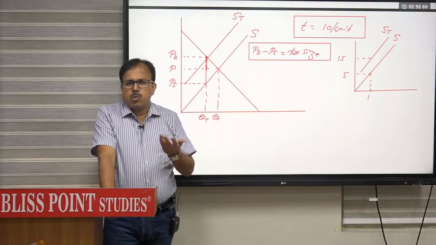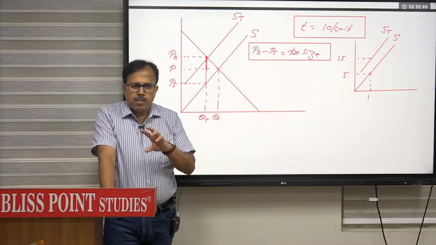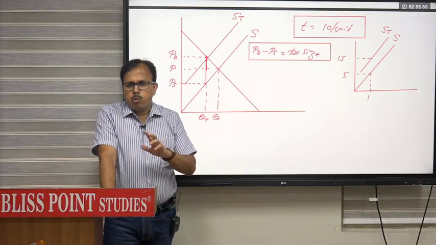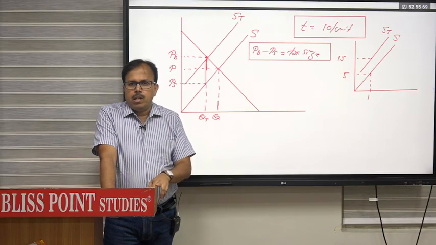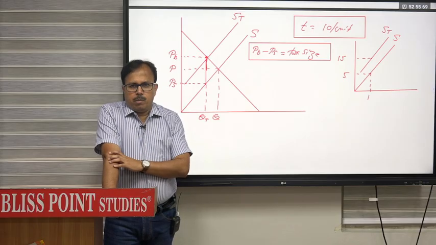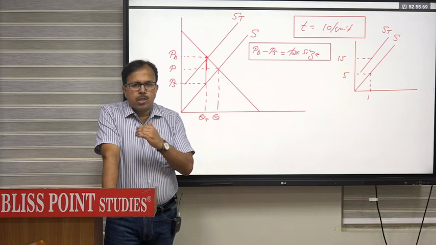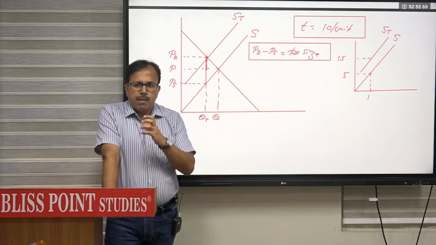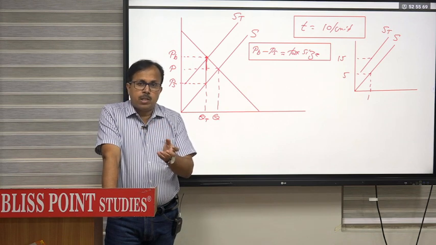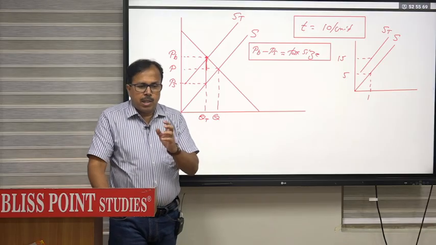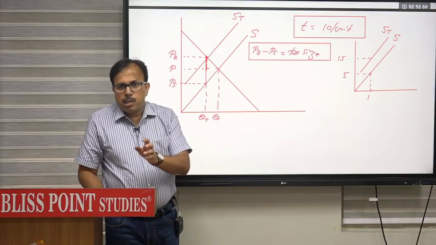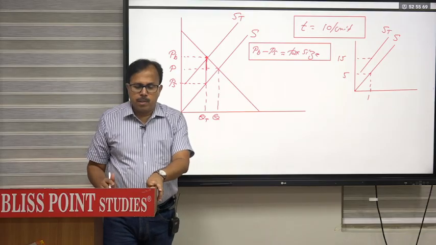It may increase by 5, 6 or 4, but what does that depend upon? That depends upon elasticity of demand. That is why we are treating this topic as an application of elasticity of demand. That means there will be burden on the buyer as well as on the seller. But that burden will depend upon elasticity of demand and elasticity of supply.